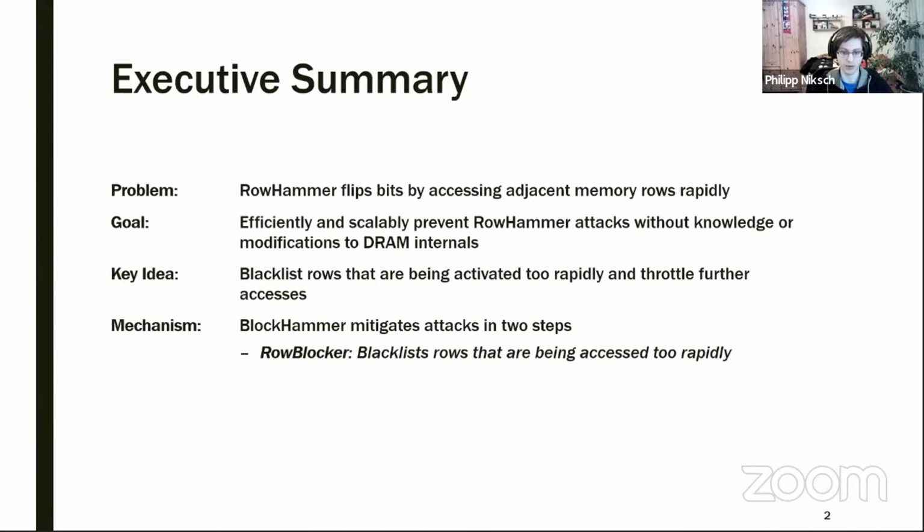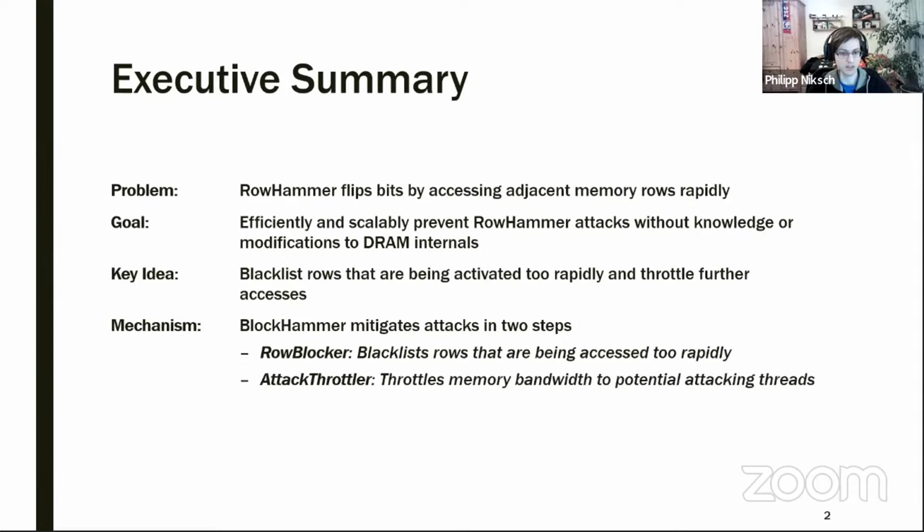Once a row is blacklisted, its accesses are restricted to a safe frequency. Secondly, AttackThrottler identifies potentially dangerous threads and limits their memory bandwidth. This increases the performance of benign threads while the attack is occurring.